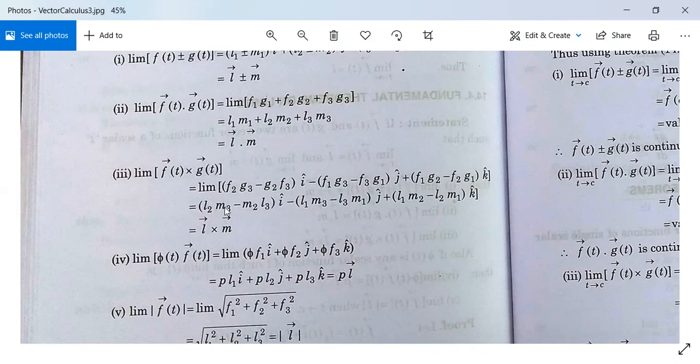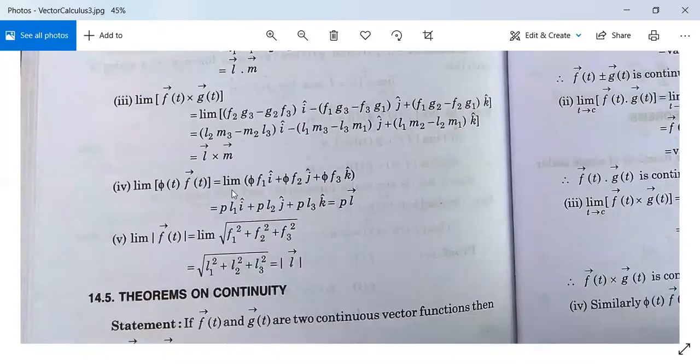This is equal to (L2M3 minus M2L3)i minus (L1M3 minus L3M1)j plus (L1M2 minus L2M1)k. And this is nothing but vector L cross vector M. If you take the vector product of L and M, you will get this expression. So this is also proved.